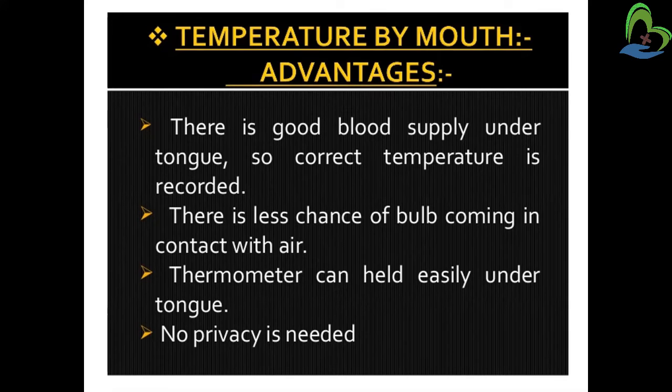There is less chance of the bulb coming in contact with air, as it is down under the tongue. The thermometer can be held easily under the tongue in adults. Also, no privacy is needed for this procedure. So these are the advantages of taking temperature by mouth.